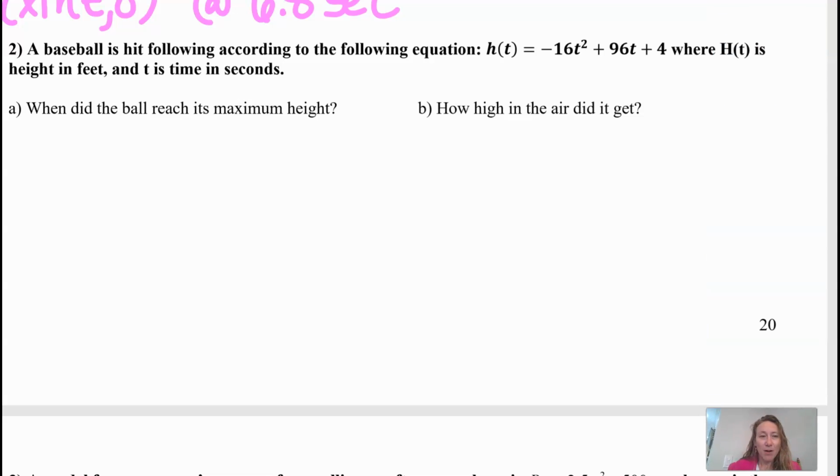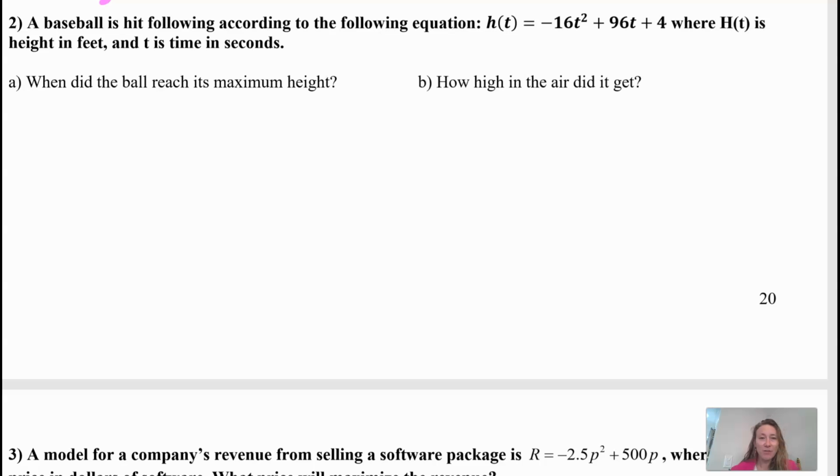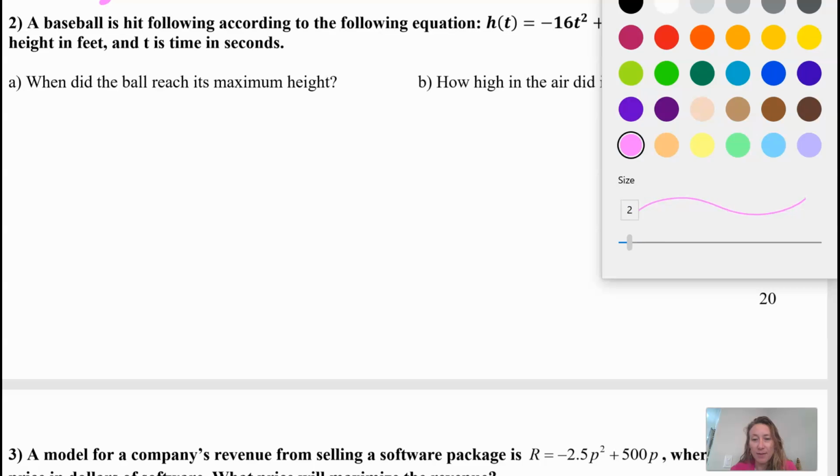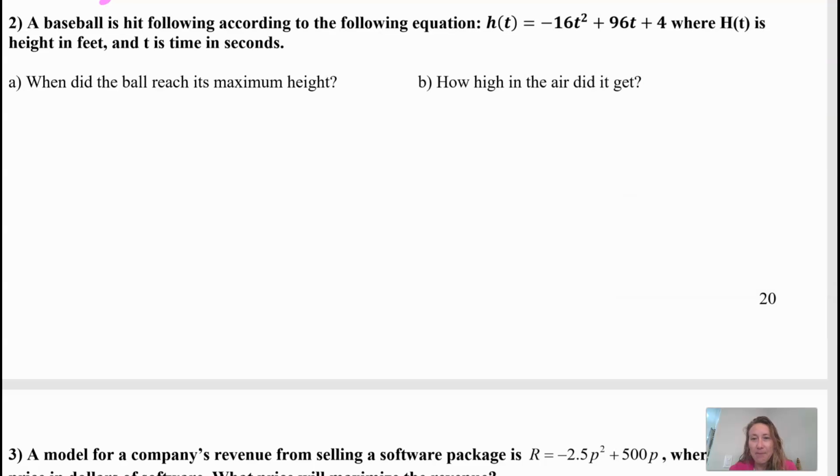So a baseball is hit, and its path is modeled by the equation h of t is equal to negative 16t squared plus 96t plus 4.